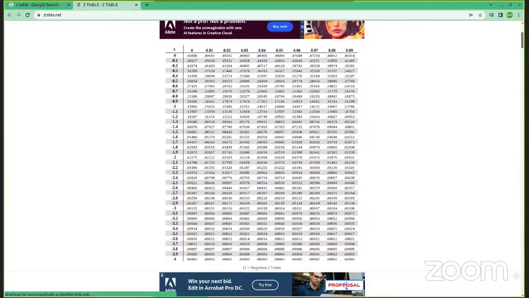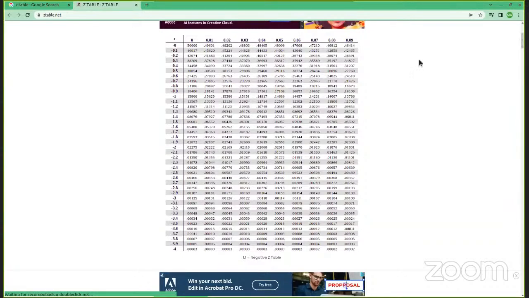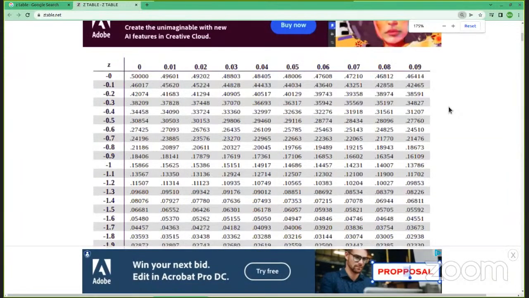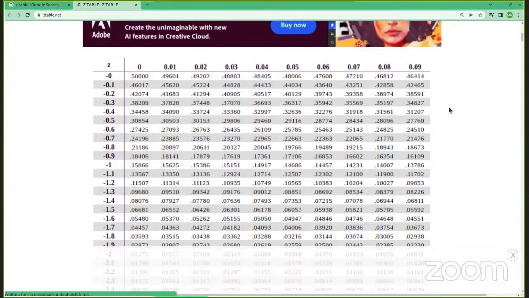Z table screen. Hello? Yes, sir. Can you please zoom a bit? Yes, I will zoom. Okay, is it better now? Yes, sir, better. Still you want zoom? No, it's okay.